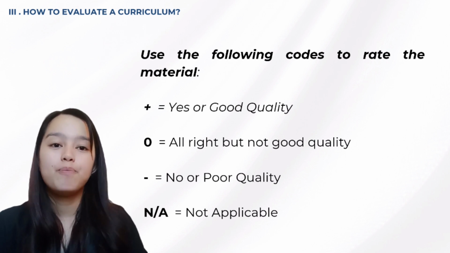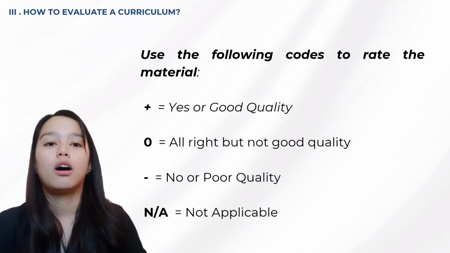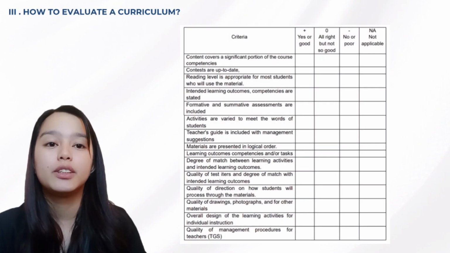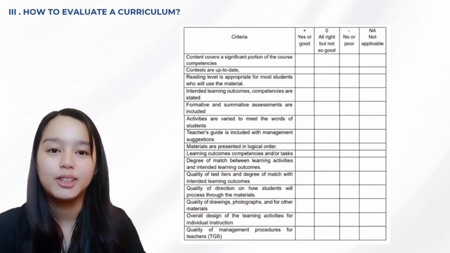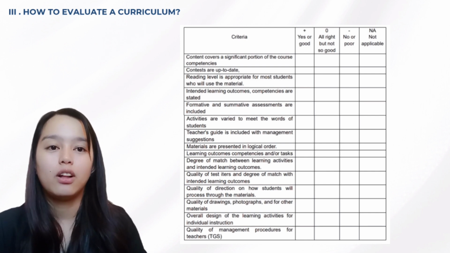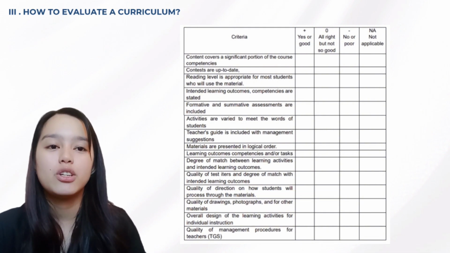As you can see here, this checklist is an example of evaluation materials based on Patterson. Of course, as you can see here, this is all about content relevance. Updated information: is the content current? Readability: is it accessible to the target students?